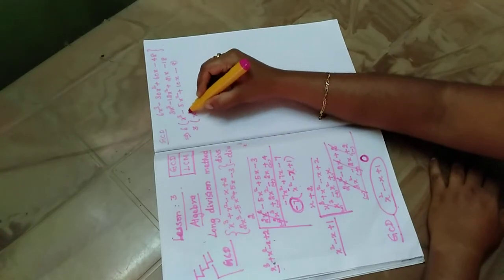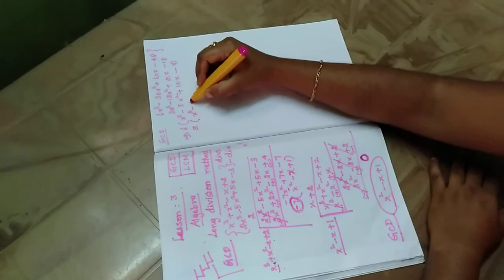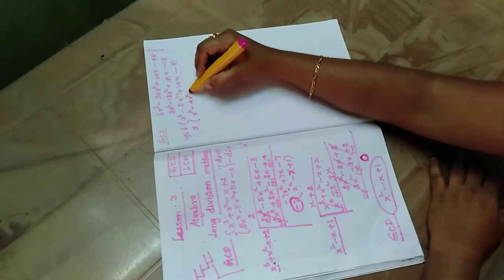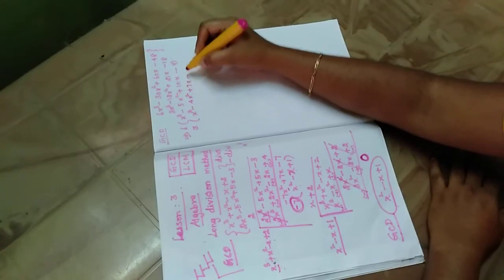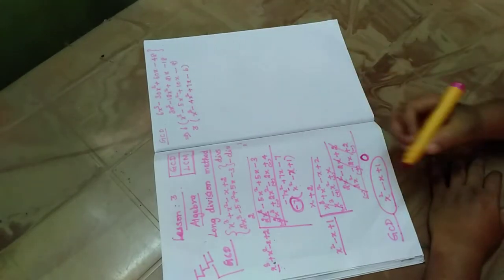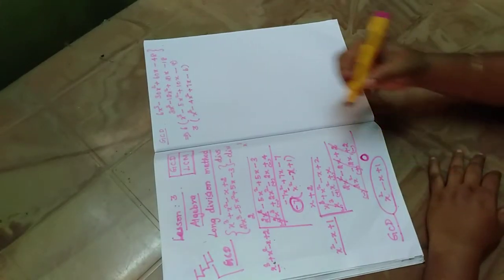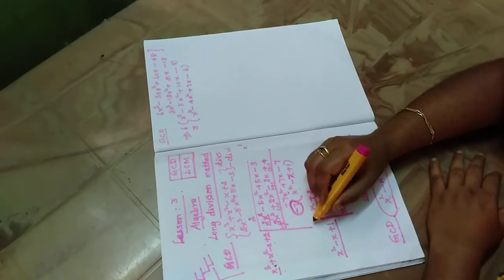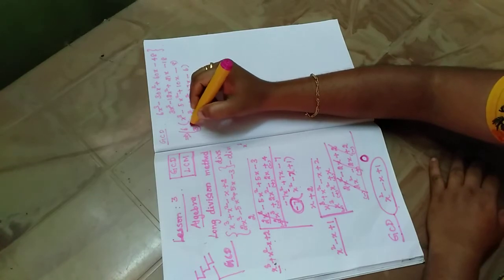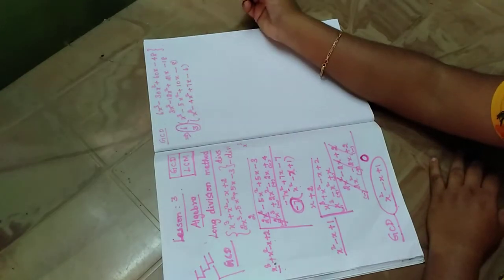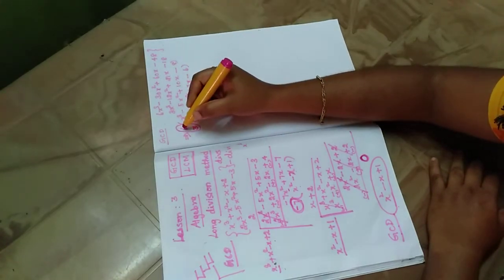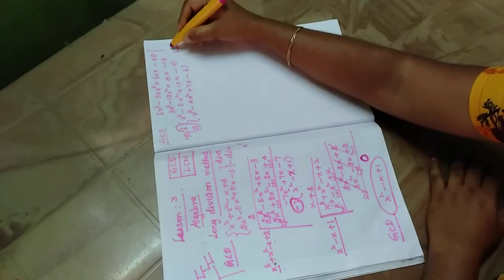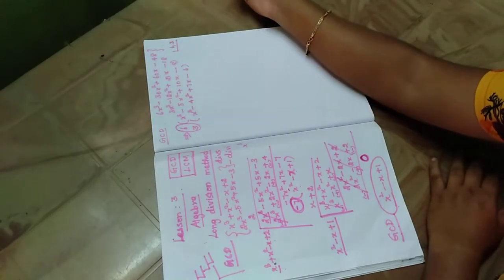Remaining is x cube minus 4x square plus 7x minus 6. Here, a common term taken from a remainder, you leave it. In the question, if you take a common term outside, don't leave that. Find the common terms' GCD also by factorization.